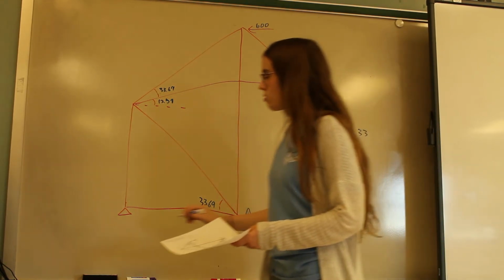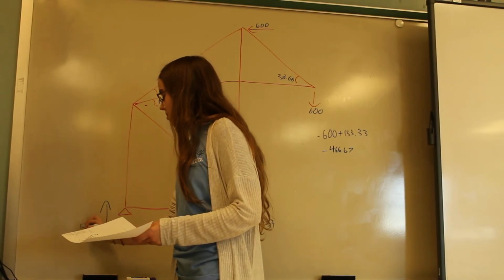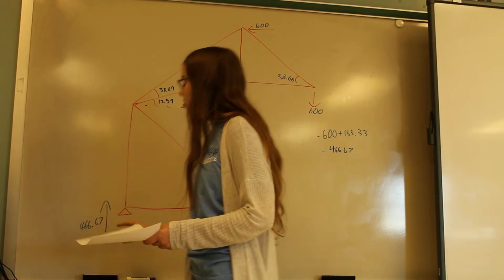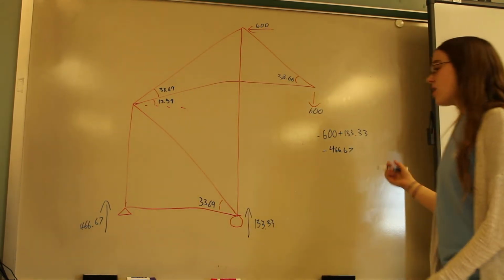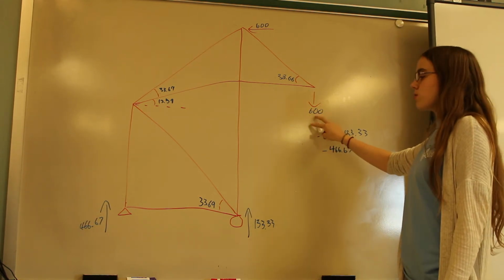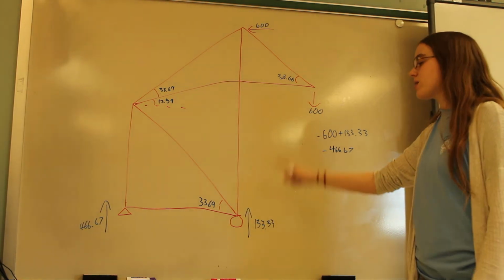So we need a force to oppose that. So over here at the pin, it's going to be 466.67 going up. And you can just see, if you think about it, this is a force going up, this is a force going down, but the force going down is bigger, so we'll want to have the force at the pin be going up.